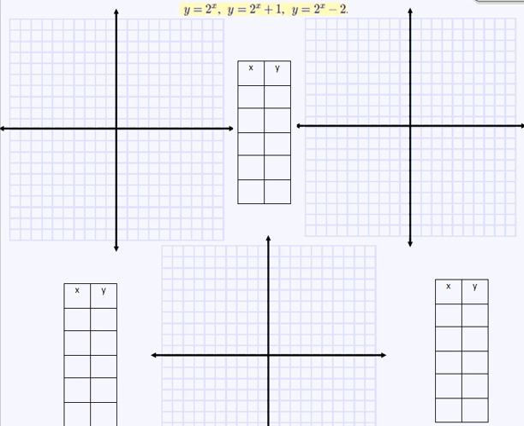Okay, so we're going to again graph y equals 2 to the x, and then we're going to compare it to two other graphs. It's good for you to keep graphing this so that you're comfortable with it. We've got 1/4, 1/2, 1, 2, and 4.